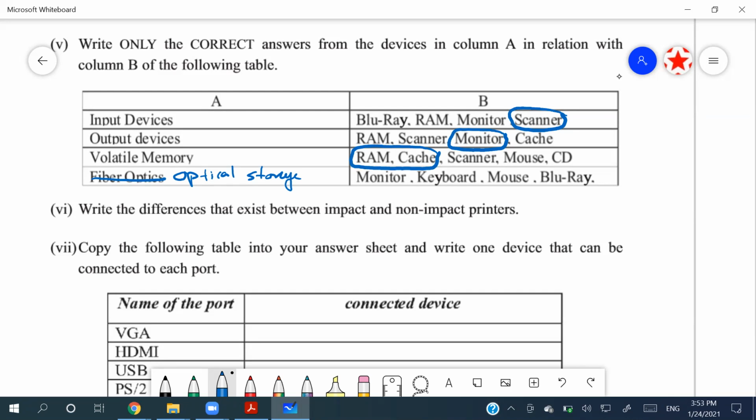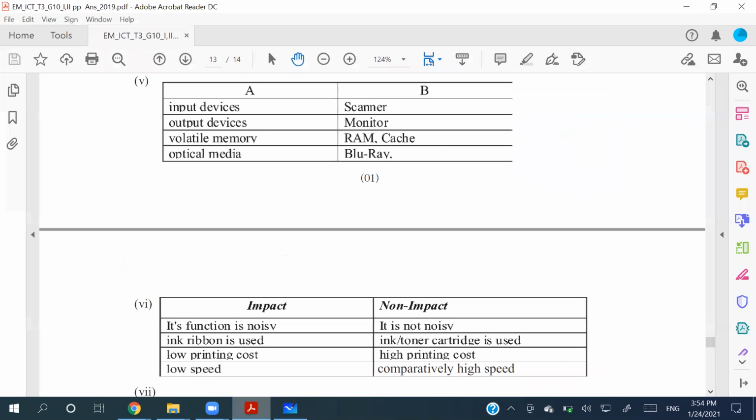And optical storage, it's only going to be the Blu-ray, right? So if you got all correct, you can have 2 marks. If any one is missing, you are going to reduce 0.5 for each, right? Let's refer the marking scheme as well. So yes, scanner, monitor, RAM, cache, and Blu-ray are going to be the answers.